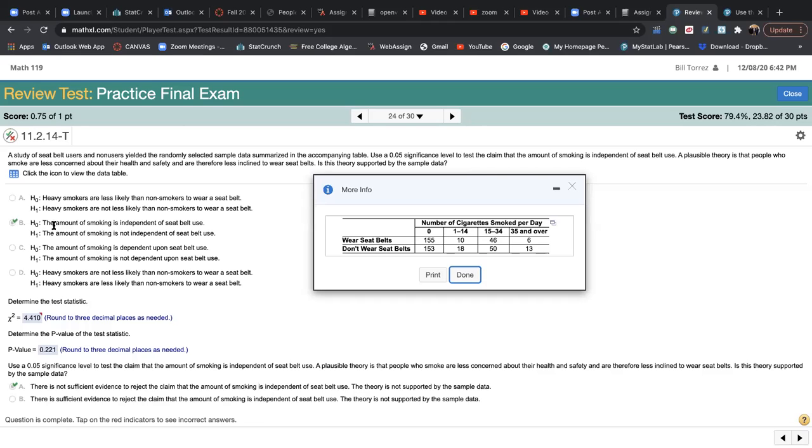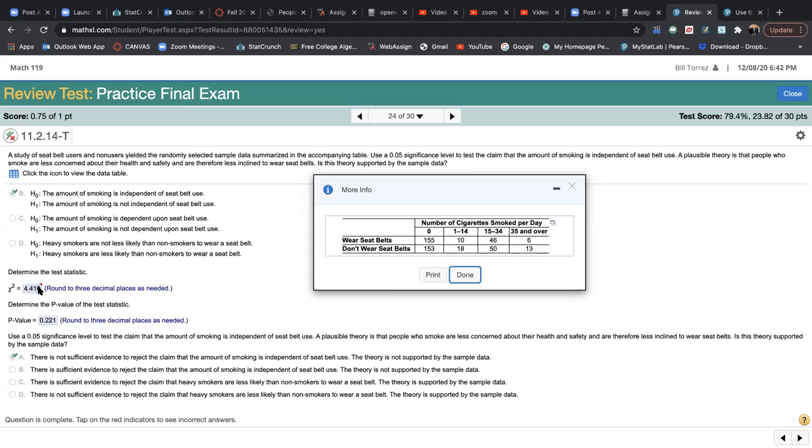The null hypothesis would be the amount of smoking is independent of seatbelt use versus the amount of smoking is not independent of seatbelt use. Here's our test statistic.